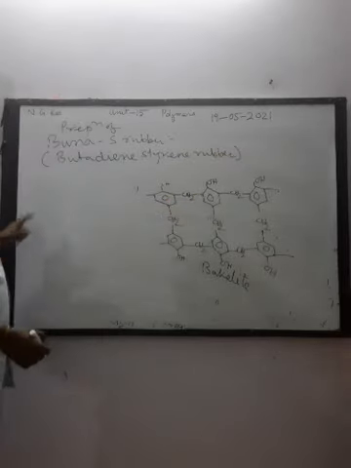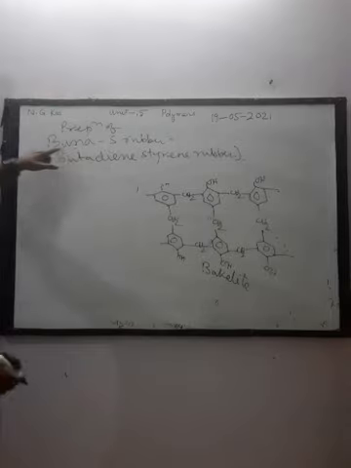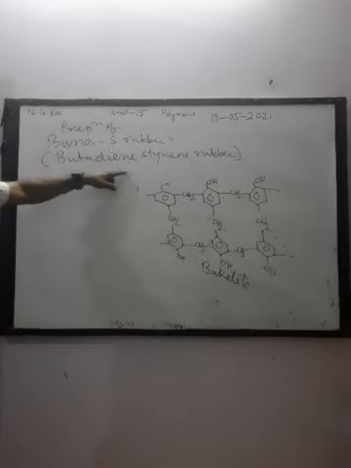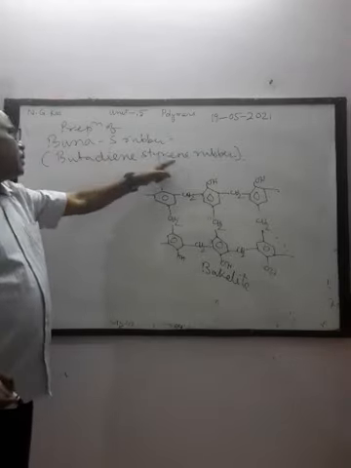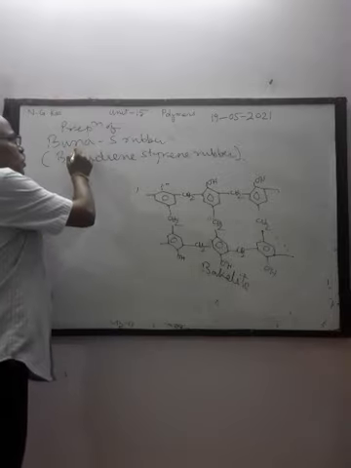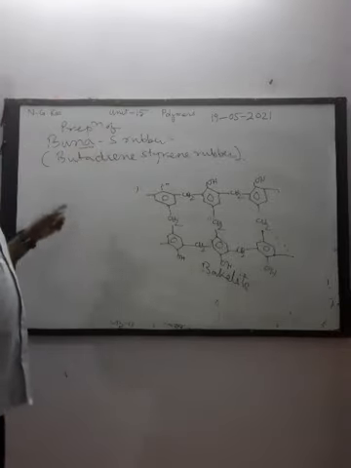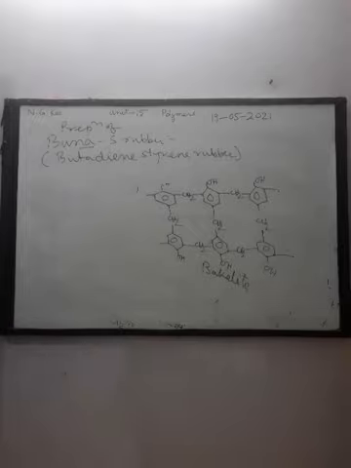So what is Buna-S? Bu stands for butadiene, S stands for styrene. The reaction takes place in presence of natrium or sodium, so it is called Buna-S rubber.